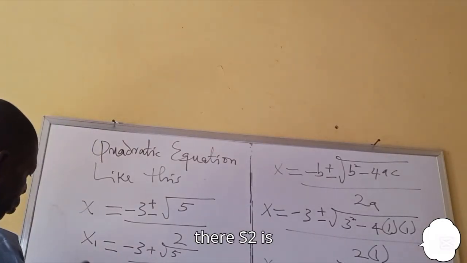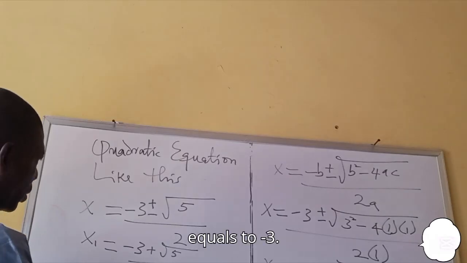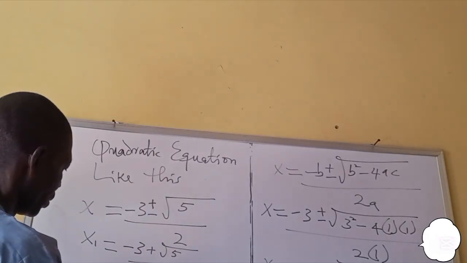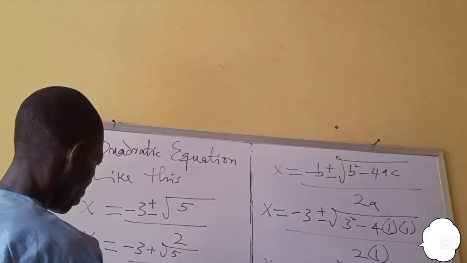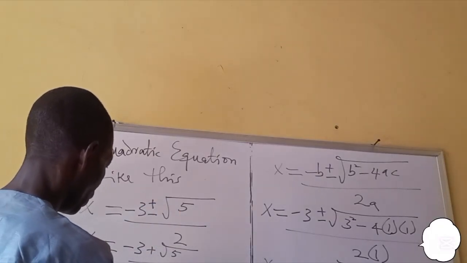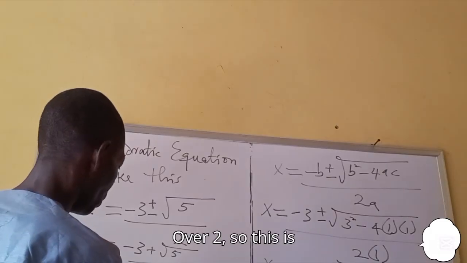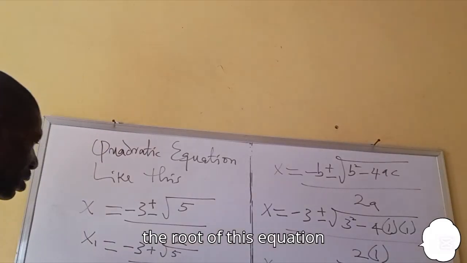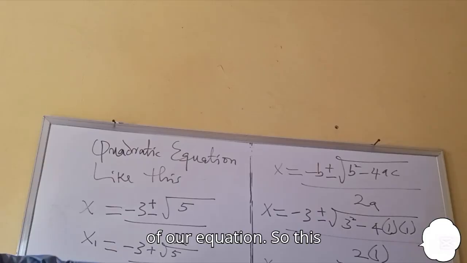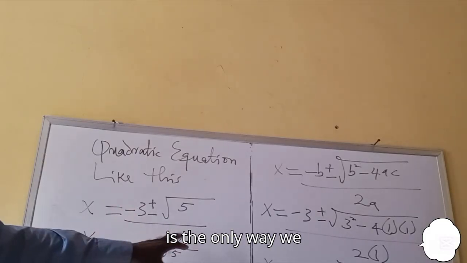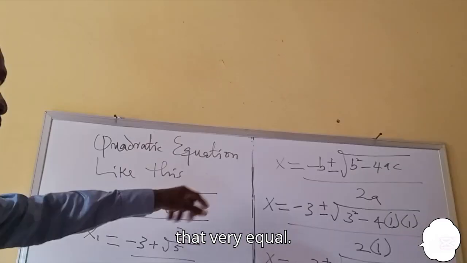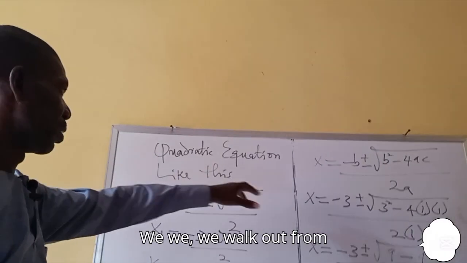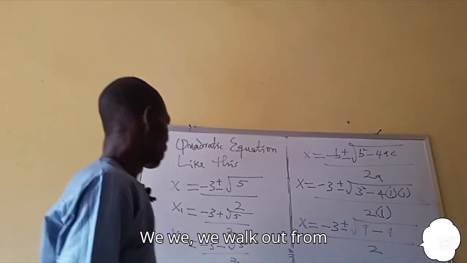Then x2 is equal to negative 3 minus square root 5 over 2. So this is the root of our equation. This is the only way we can get the roots of that very equation we worked out.